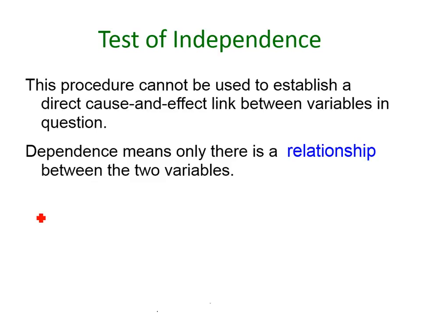That being a non-smoker causes you to have a strong opinion on those new ordinances that they're thinking about. Dependent only means there's a relationship between those two variables. If you're trying to go for a cause and effect relationship, you have to set up your study differently.